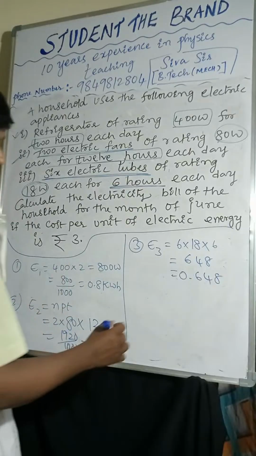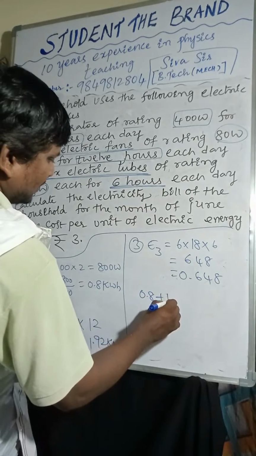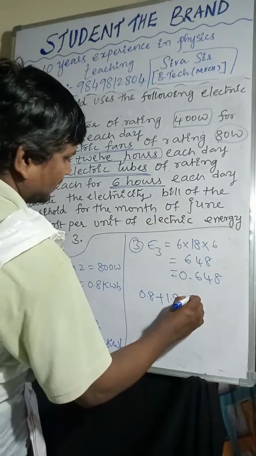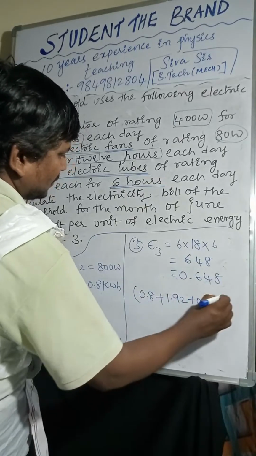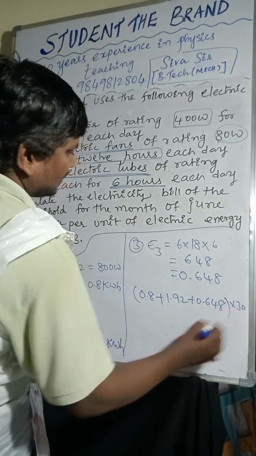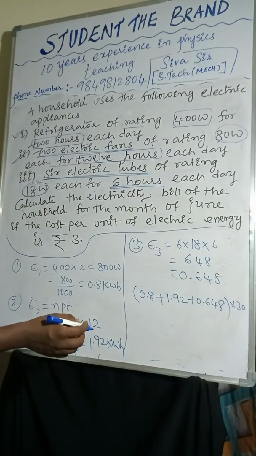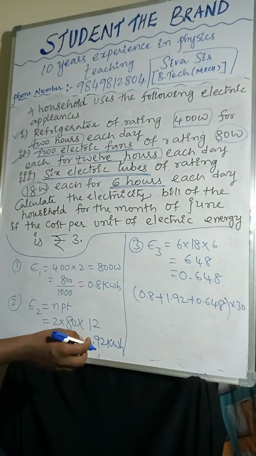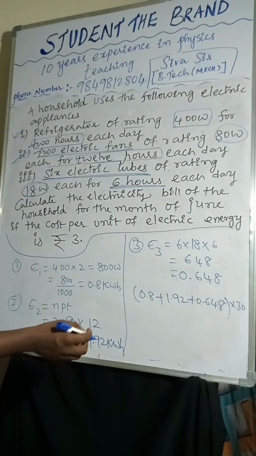Now we have to add everything: 0.8 plus 1.92 plus 0.648. For the month of June, you have to multiply with 30. Then we get 101.04, the total monthly energy consumed.